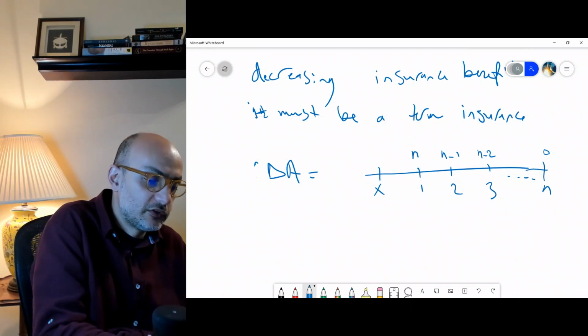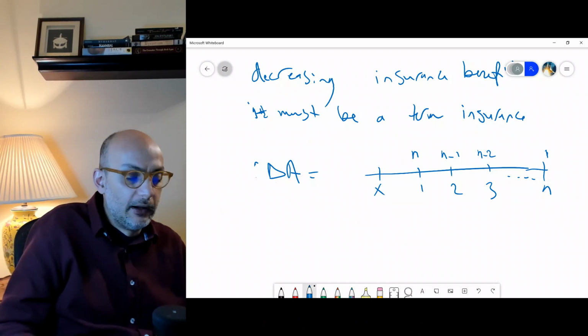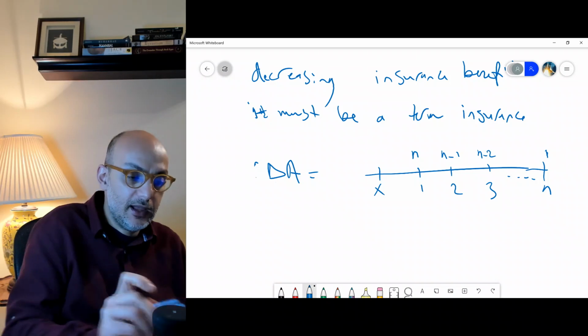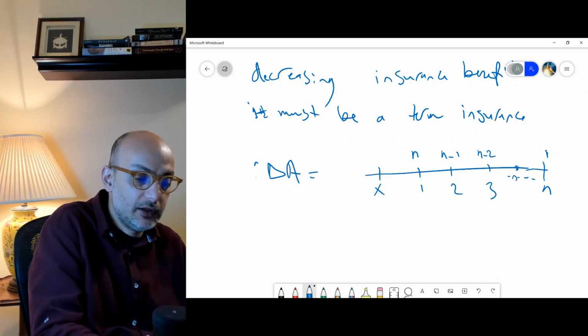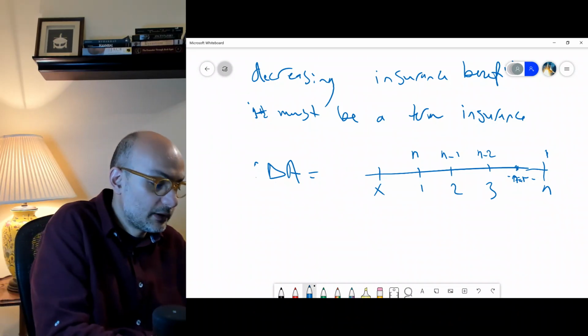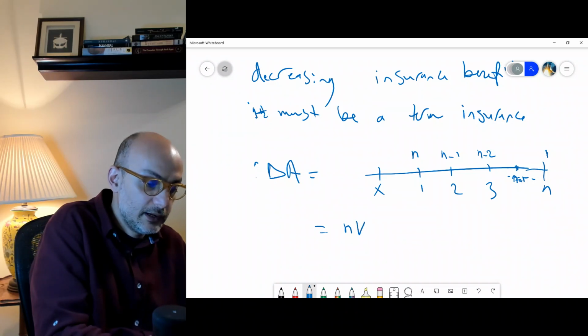Actually, the last one, sorry, will be 1. Yes, it will be 1, right? So at the end of the n minus 1 period, you're gonna get $1, right? So now, if you want to write down this relationship, the first one will be n v q_x.